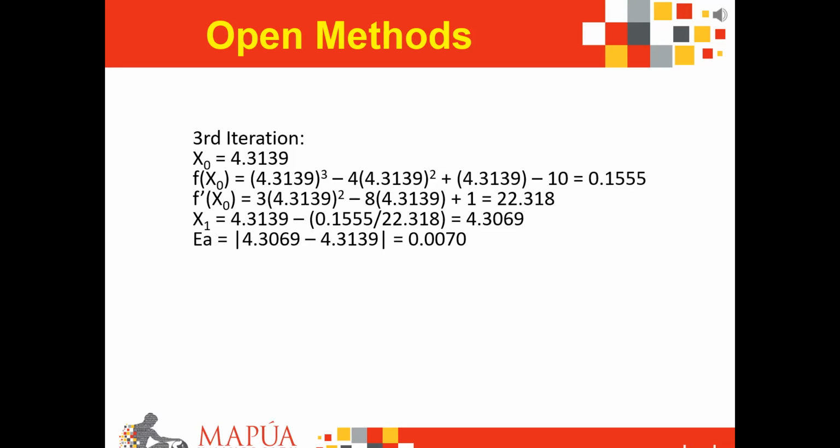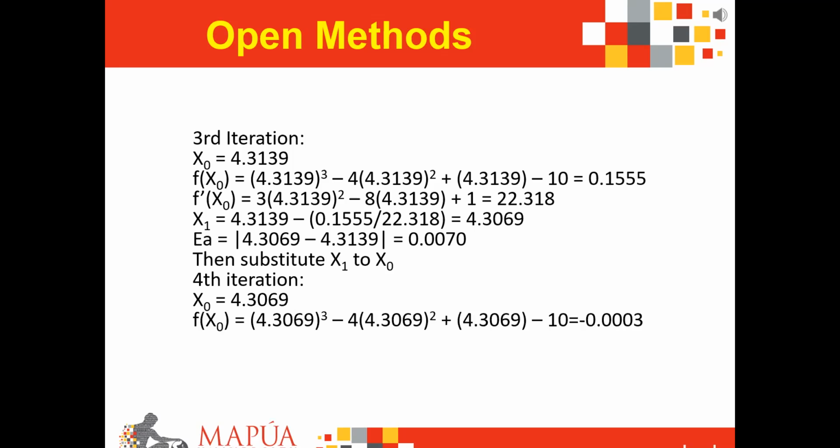Calculating for the error gives us an error of 0.0070, thus showing us that we need to repeat the process and then substitute x1 to x0 again. Hence, on the fourth iteration, your x0 now becomes 4.3069.